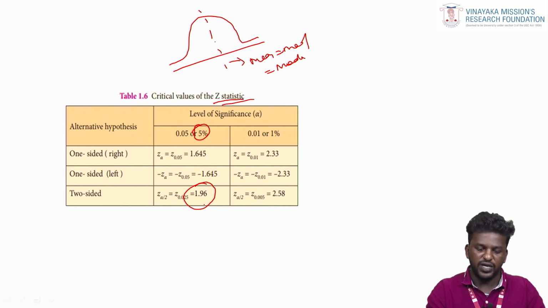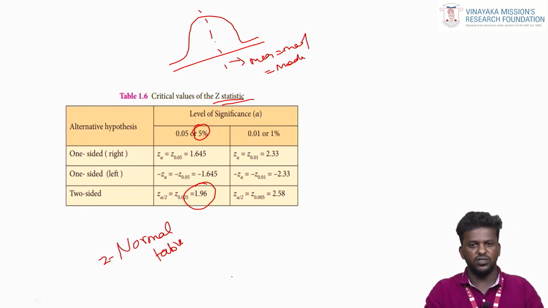So it is obtained from the Z normal table, right? Then suppose my error is 1%, that means 0.01, and my alternative hypothesis is two-tailed, my critical region cutoff score is 2.58. So all these values are based on the Z distribution normal table.